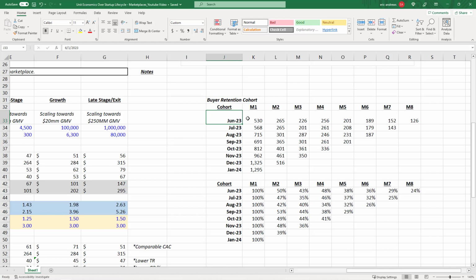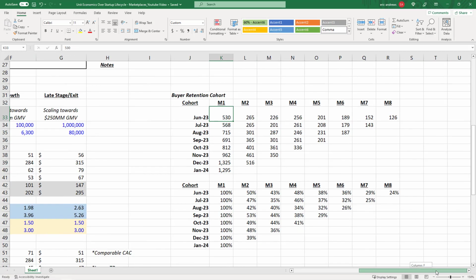So this is a buyer retention cohort. So the way that you interpret this data is you basically say, okay, in June 2023, 530 people bought for the very first time, and this is considered M1 of their lifetime. 1 month later, and the second month of their lifetime, M2, so if this was June, that would be July, 265 people returned of those original 530 people.